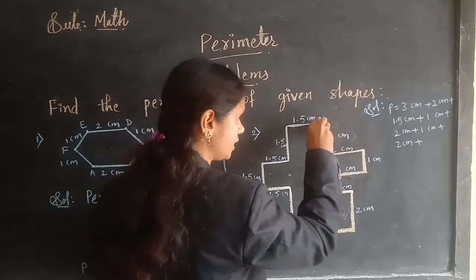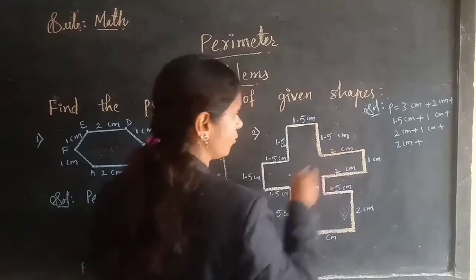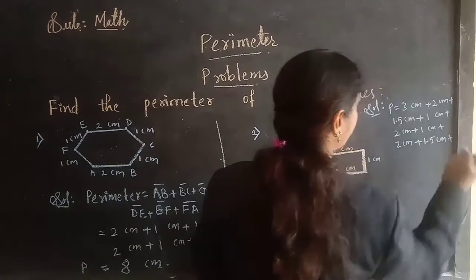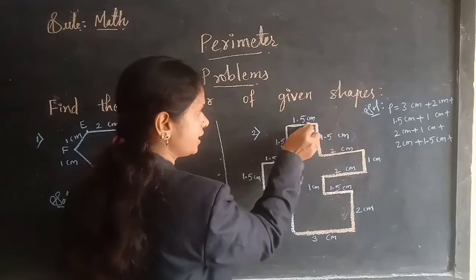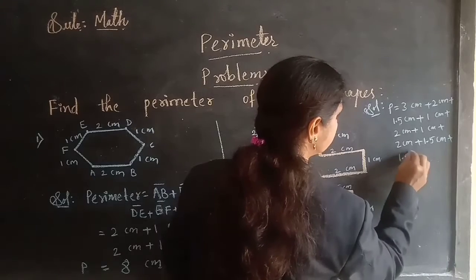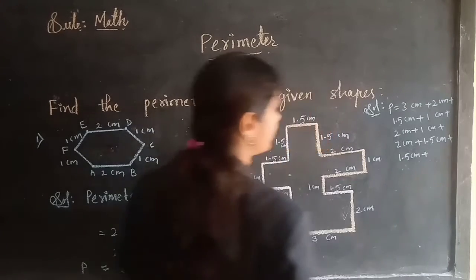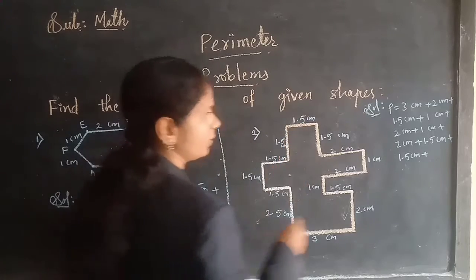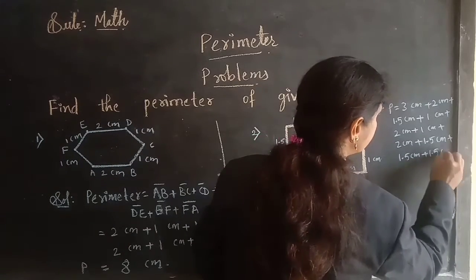And here I am taking this side length 1.5 centimeters. Plus, and next side length you can see 1.5 centimeters. Plus, and next side length here I am taking 1.5 centimeters.